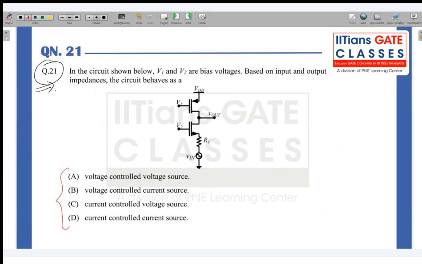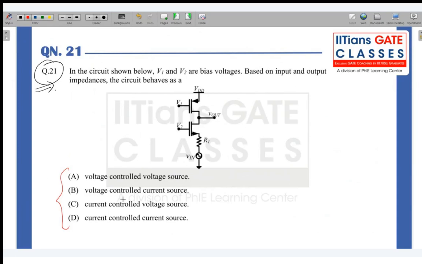One of the major applications of dependent sources is to model an amplifier. And there can be four kinds of dependent sources: voltage controlled voltage source, voltage controlled current source, current controlled voltage source, and current controlled current source. So if somebody has attended my first session, they will be able to solve this question.